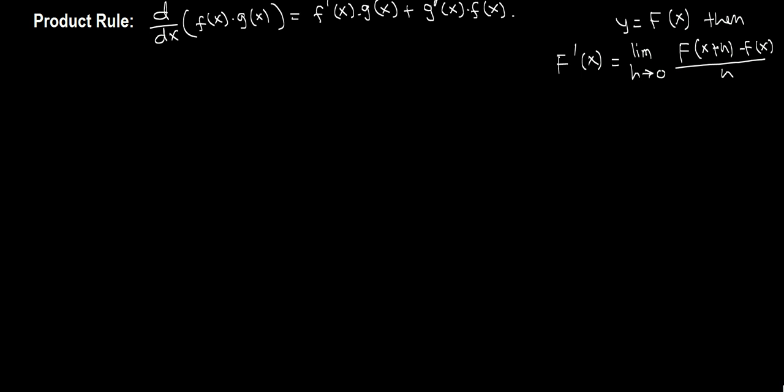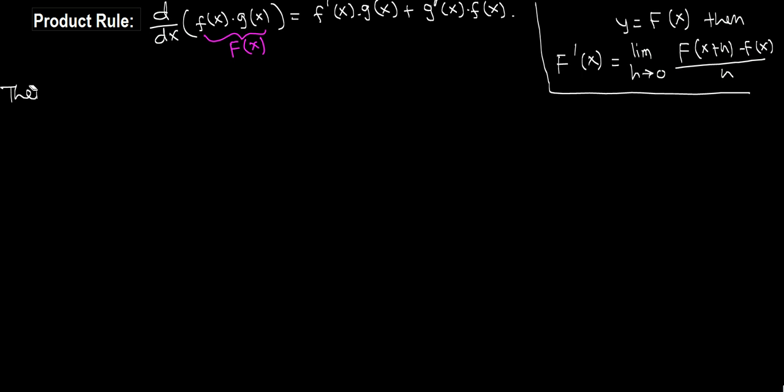In any case, that's the rise over run, slope of the secant line, and we are making this run very, very small, make h go to 0. That's how we find the derivative. Okay, in this question, this product is our function F. So let's use this definition.